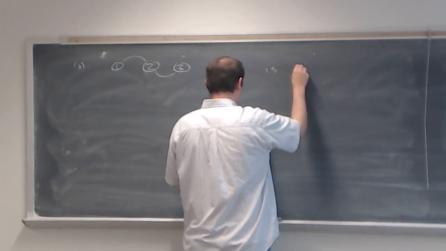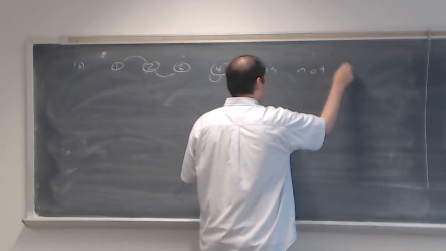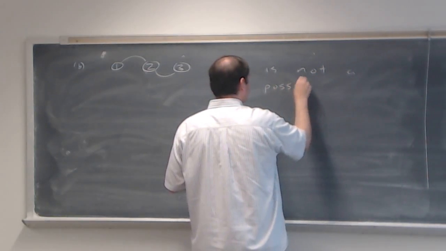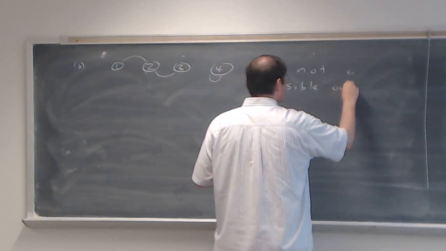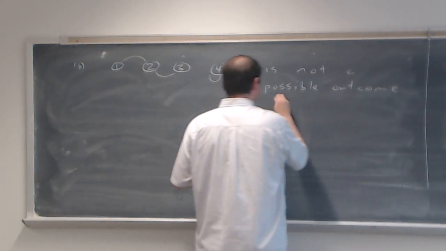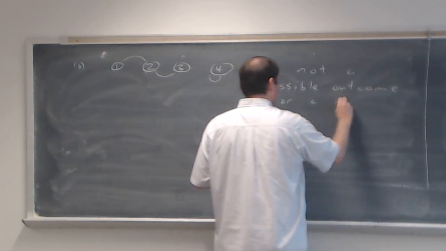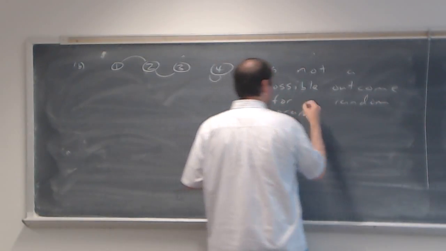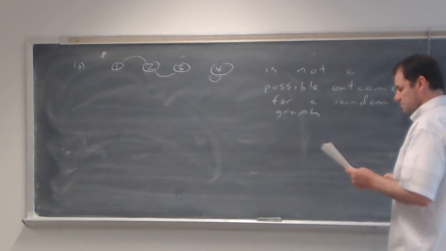Now this is not a possible outcome for a random graph. So it's a graph, but it isn't a possible outcome for a random graph. Okay?